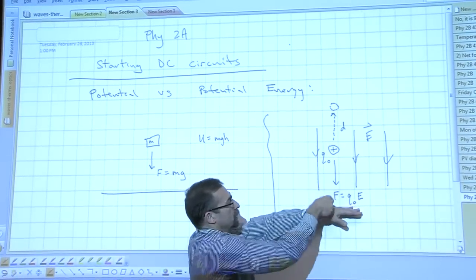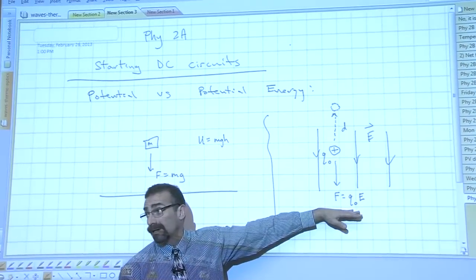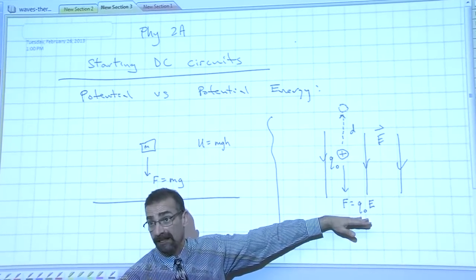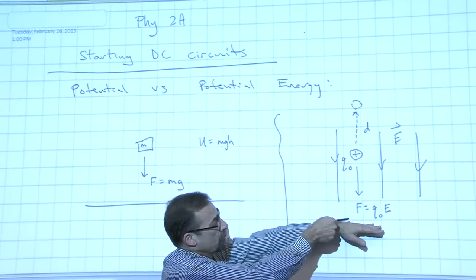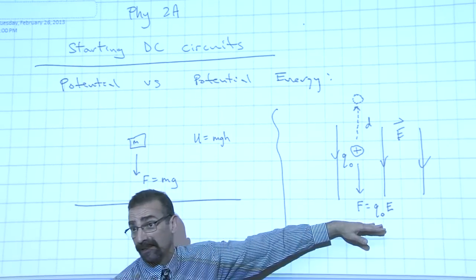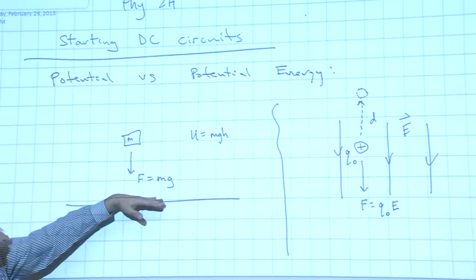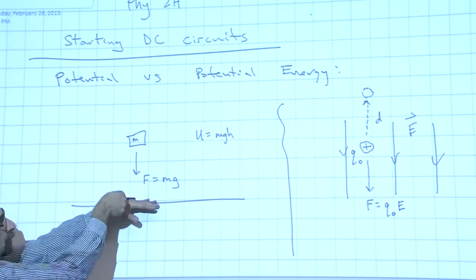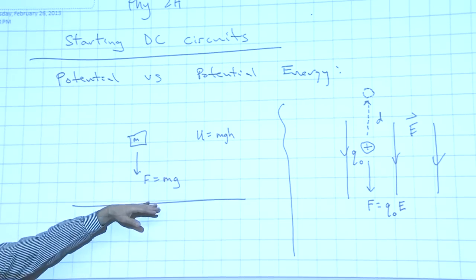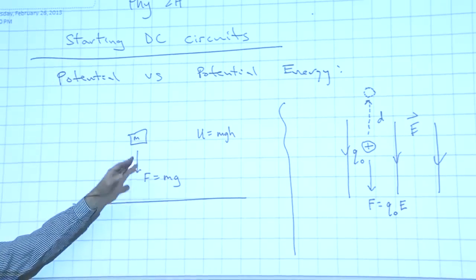Now it can move a bigger distance, right? So it's going to have more stored energy now. So if we let go of it at the higher location, it'll have more kinetic energy when it hits the obstacle. Kind of like a mass. If we bring it up higher, the gravitational field can work on it over a longer time before it hits the floor. It has more potential energy at the higher location.